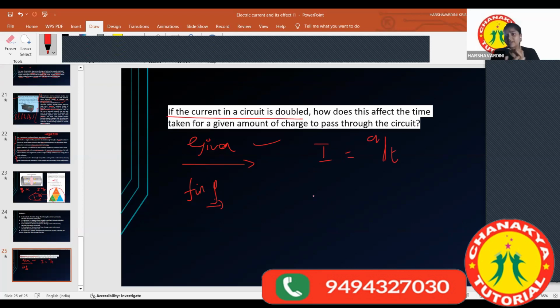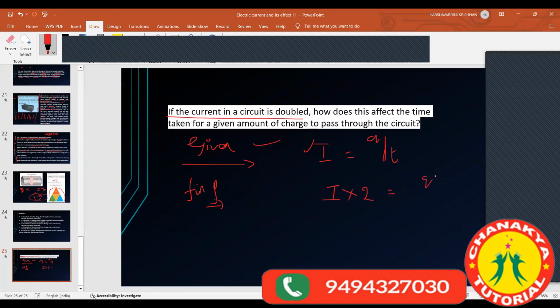Is Q current here, or I is current, or T is current? Oh, sorry, I is current. I is doubled. Doubled means double, so what should I do? I into 2, so 2I.